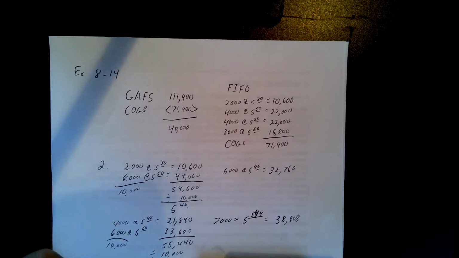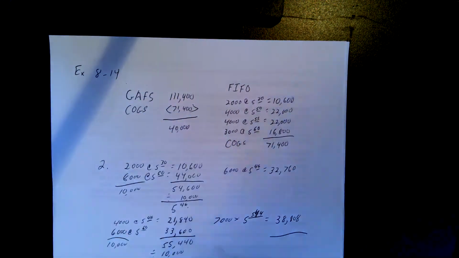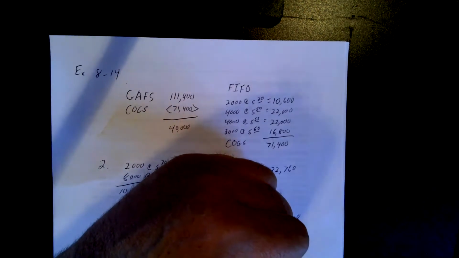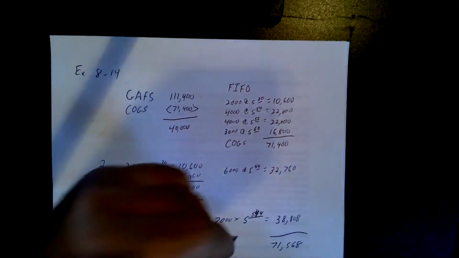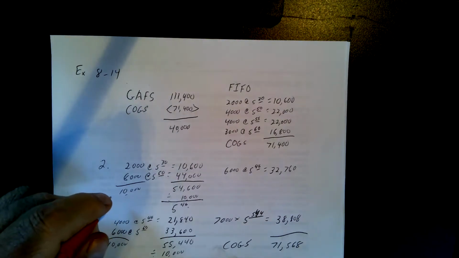Divide that by 7,000, and we get a $5.69 average cost for the ending inventory. This is our total ending inventory. Add up these two, 32,760 plus 38,808 gives us 71,568. And that is our cost of goods sold. This is our ending inventory.